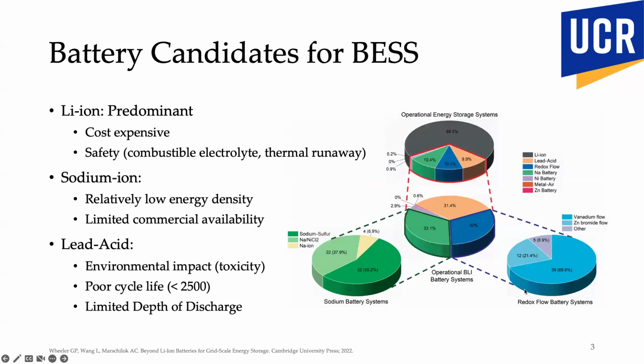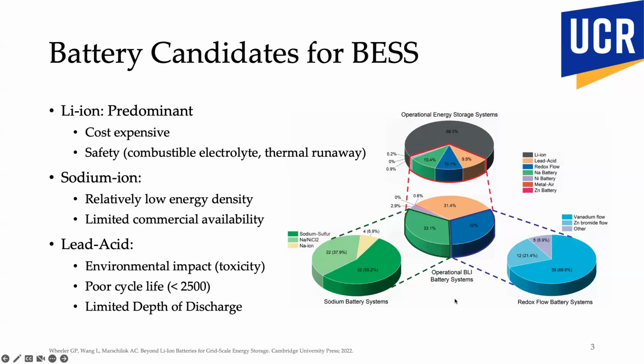In this part, we will briefly introduce the battery candidates for energy storage systems by battery material type. As you see from this top pie chart, the dark gray color indicates lithium-ion batteries, which always occupy the largest portion in the ESS market. Followed by them are sodium-ion, lead acid, and flow batteries.